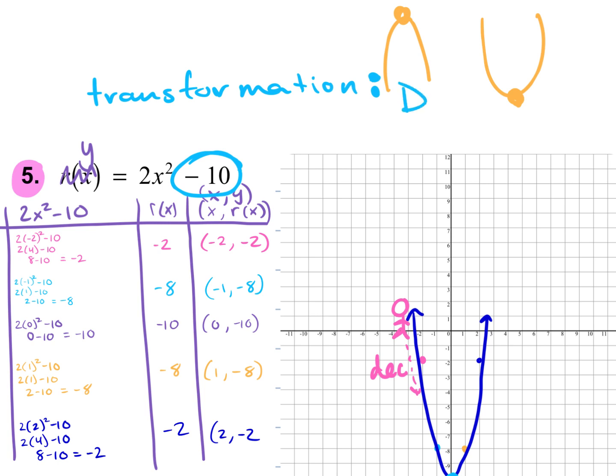How many? 10. Down 10. So if it asks for the transformation, you want to see what you are adding or subtracting, and that's what moves your graph. It could ask for transformation or shifts, same thing. We'd go down 10. So if you're adding or subtracting, you're moving it up or down.